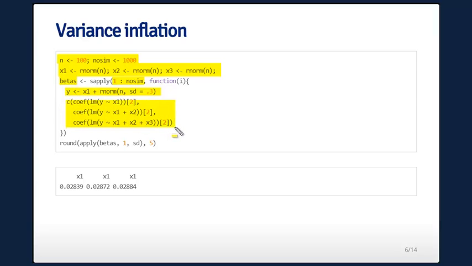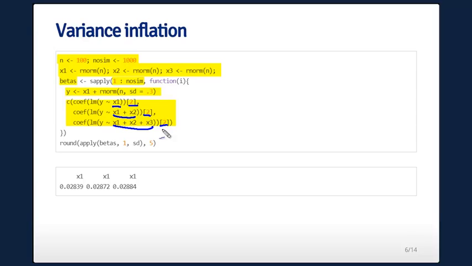Then I'm going to fit three regression models: one that includes only x1, one that includes x1 and x2, and one that includes x1, x2, and x3. In each case I'm going to grab the coefficient for x1. So what have I done? I've repeatedly simulated from the regression model and gotten the beta 1 coefficient. I'm going to look at that distribution, and the standard deviation of that distribution is the population standard error of beta 1.